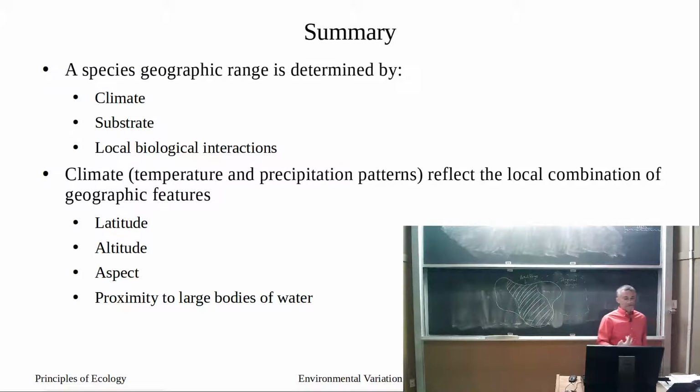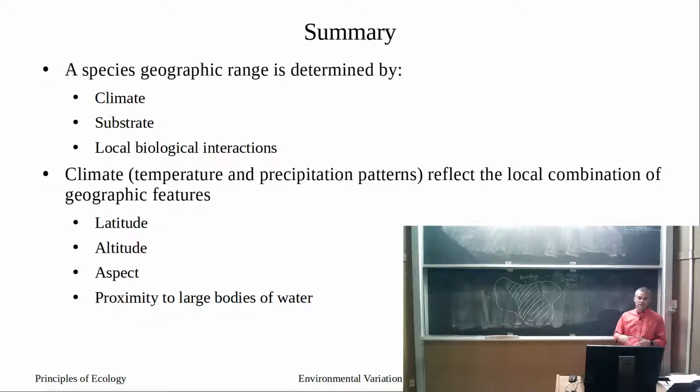For the climate, we focused on our temperatures and precipitation patterns. How the temperature varies and how the precipitation varies ultimately defines our climate. What we see is going to be modified by the local geographic features.